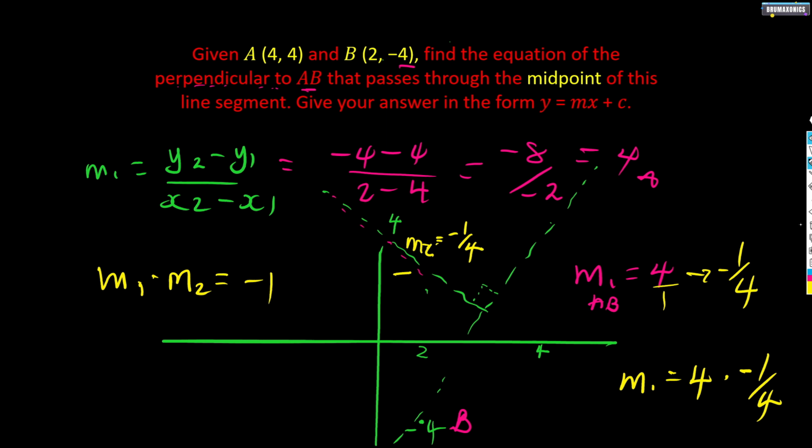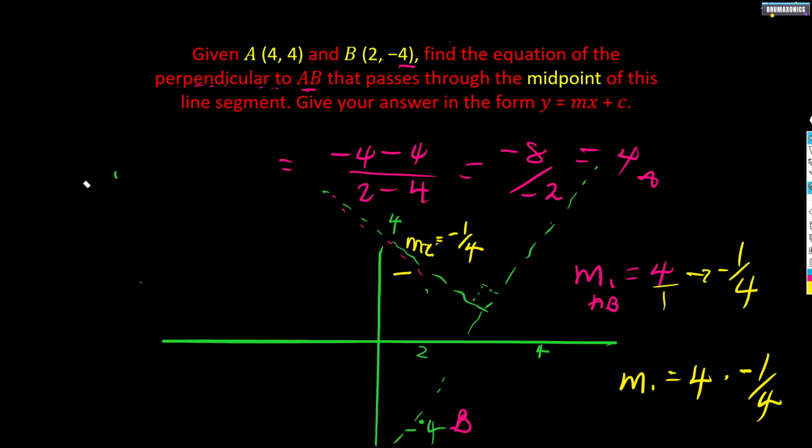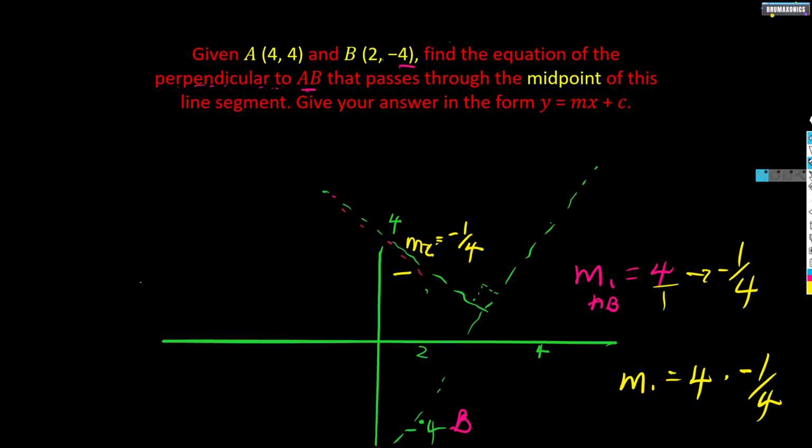We are not done because we want to get the entire equation, and with the entire equation it means that we need the values of that particular line. In order for us to do that, they said that it passes through the midpoint of this line segment, right?